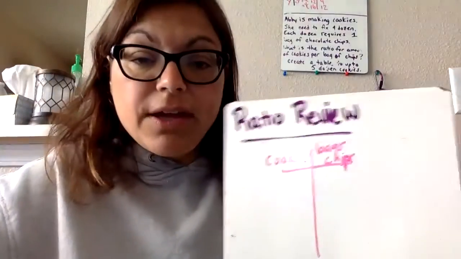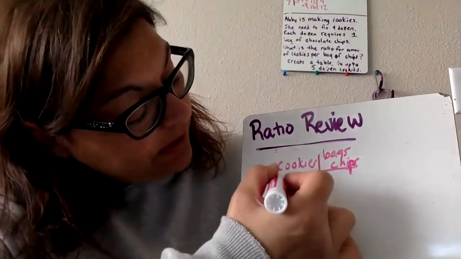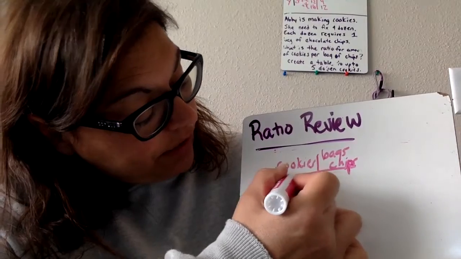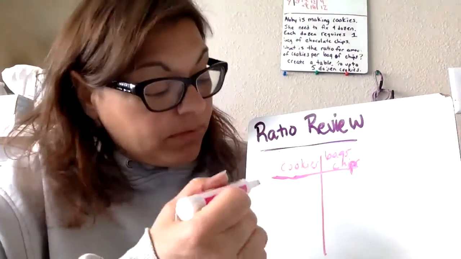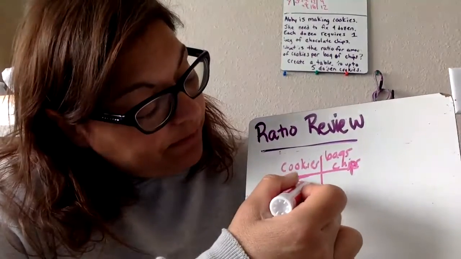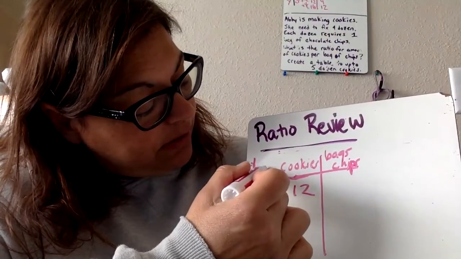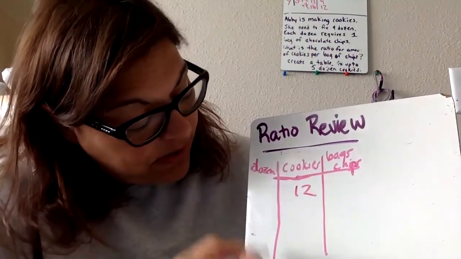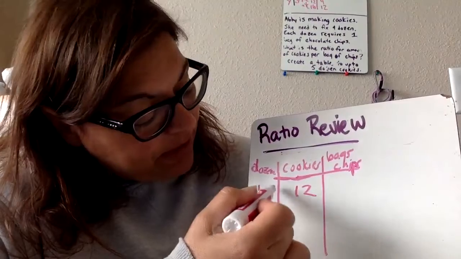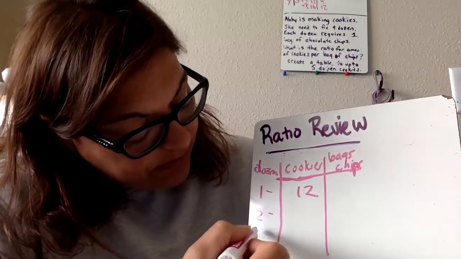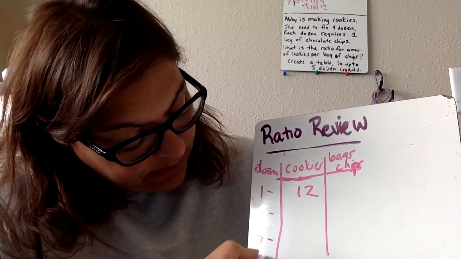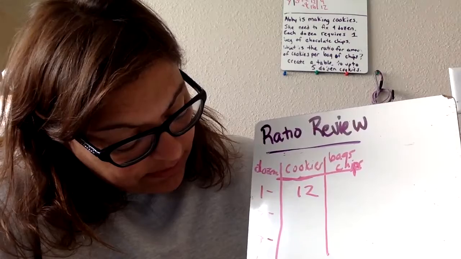We know that the cookies is a dozen. You guys remember how many are in a dozen? 12, you're right. So I know it looks like there's 3 columns, but here's 1 dozen, 2 dozen, 3 dozen, 4 dozen, and 5 dozen.